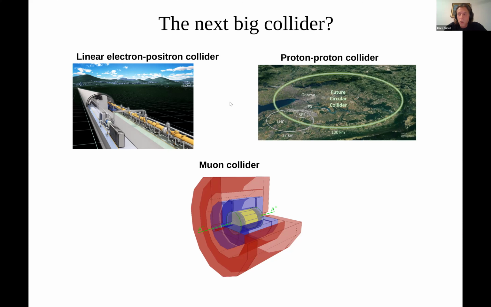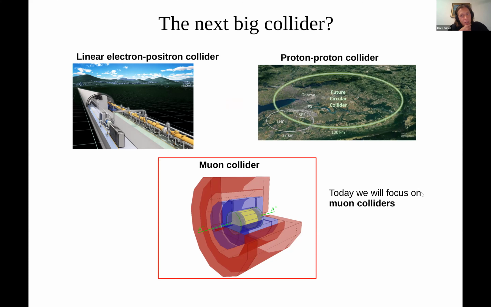And there's also, maybe in the last few years, been a revived interest in a third option, which is the muon collider. We don't know what we're going to get, if we're going to get any of these three. So it's interesting, of course, to study all of them. But what I will be focusing on from now on today is the muon collider option.